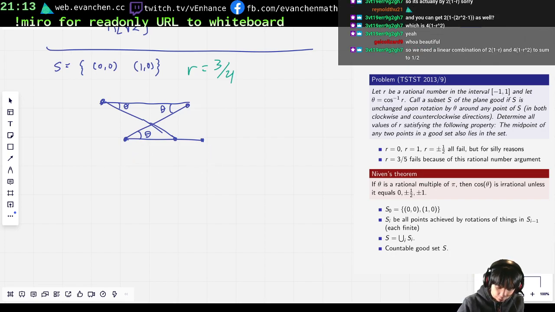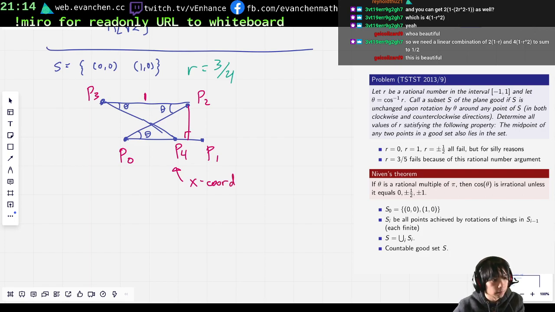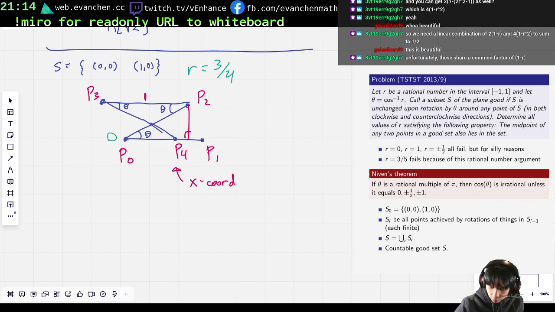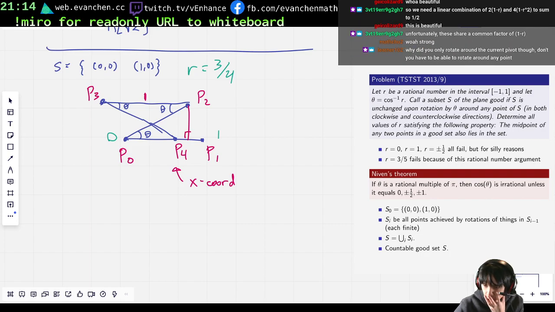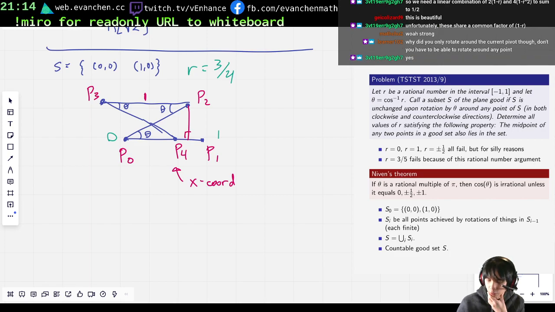You're right, this actually looks pretty good. So when you compute this, this was r, this was... So this is the x-coordinate like... So rotate, rotate, rotate. Why did you only rotate around the current pivot? For which part?